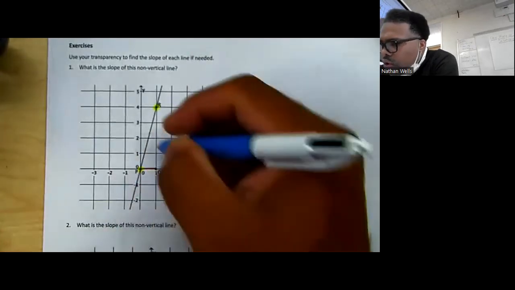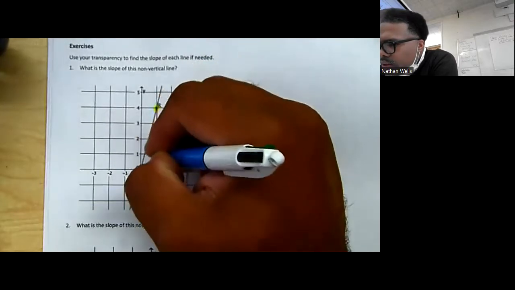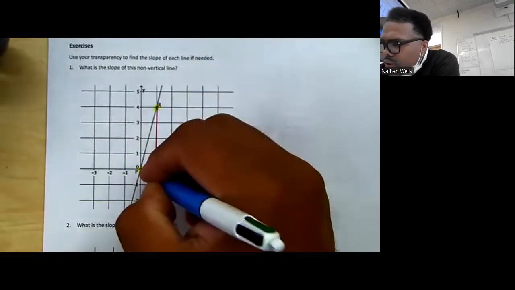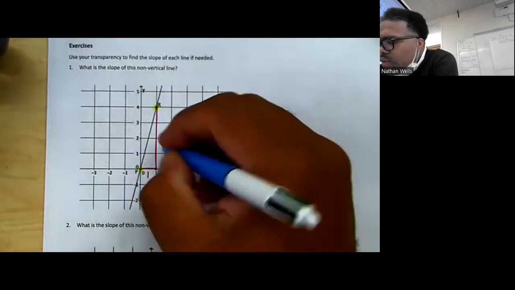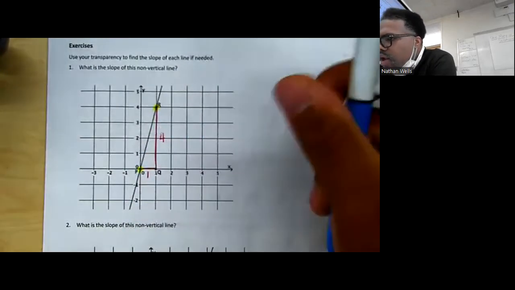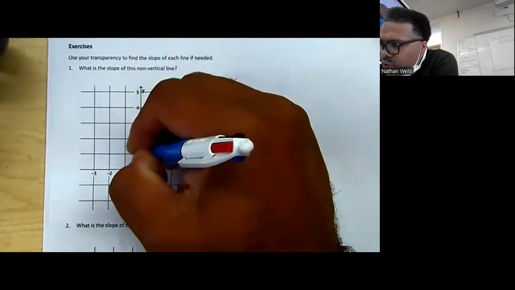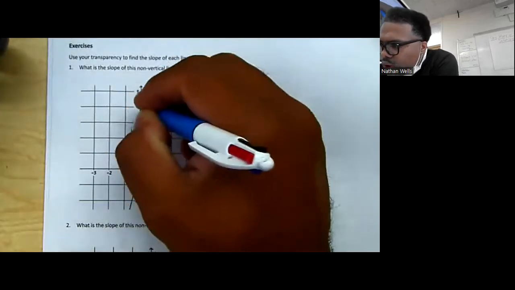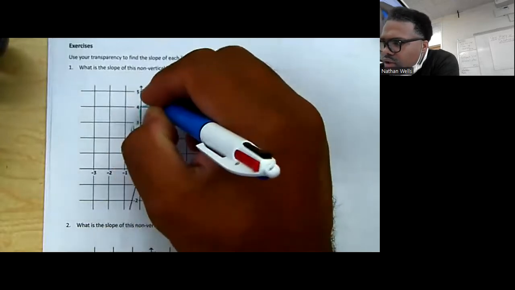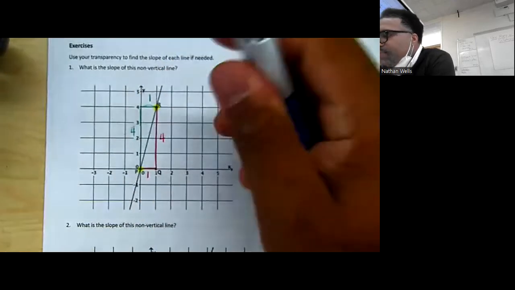You can either go over 1 and up 4. So that's to the right 1 and up 4. Or I could take another route and go up 4 and then to the right 1.